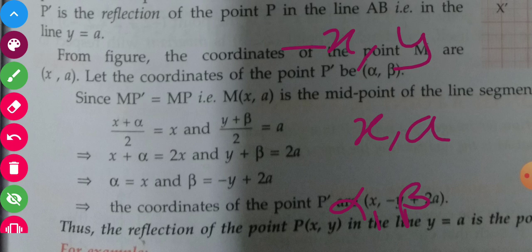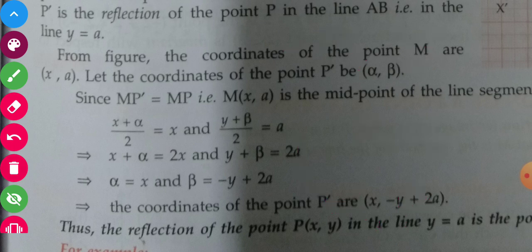Adding the x coordinates divided by 2 gave me the x coordinate of my midpoint, and similarly, adding the y coordinates of the endpoints divided by 2 gives the y coordinate of the midpoint. So here it is y plus beta by 2 is equal to a. Simplifying this, you get alpha is equal to x and beta is equal to minus y plus 2a.